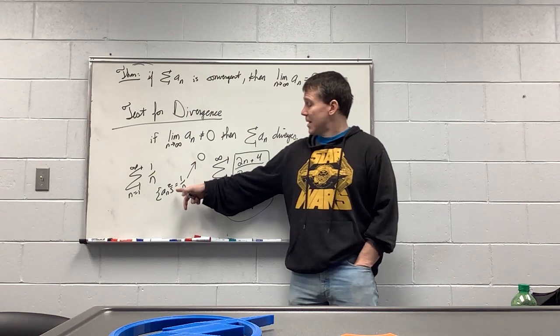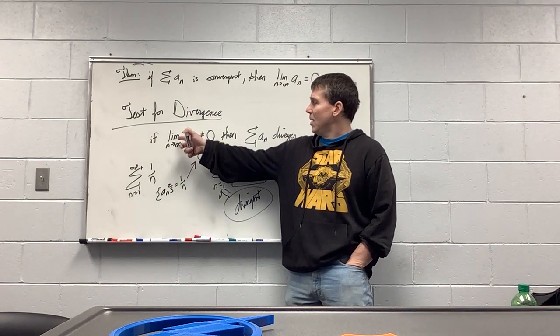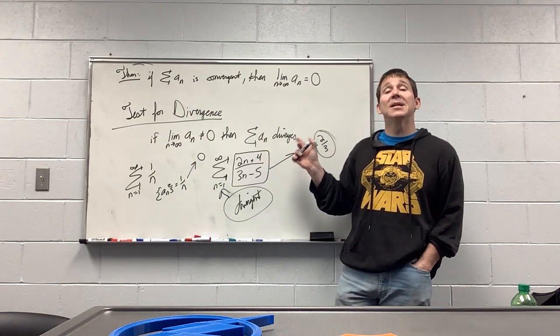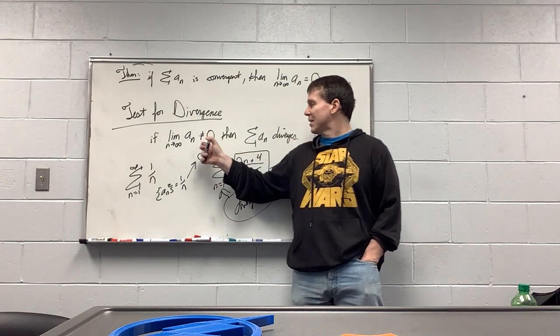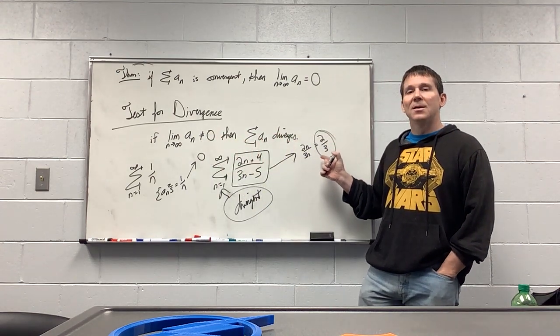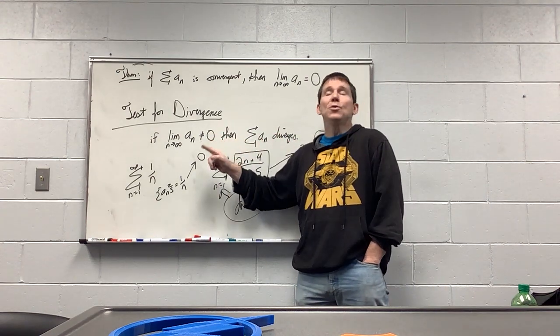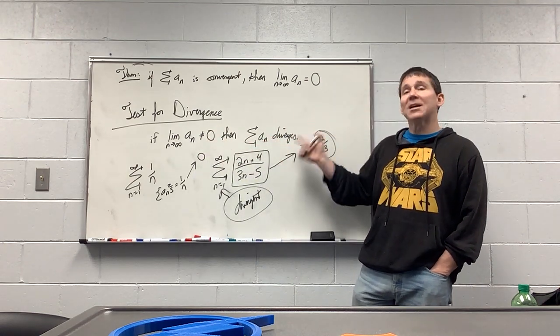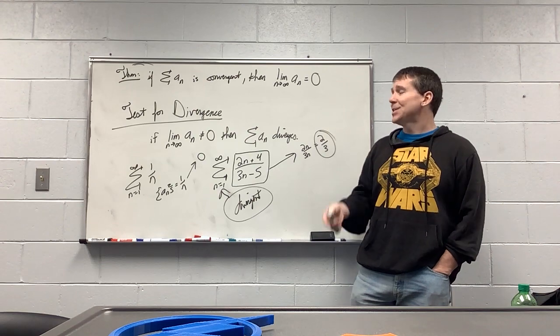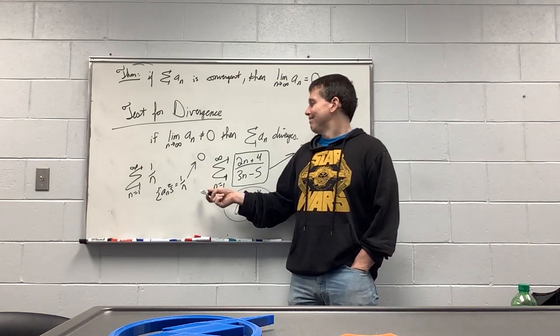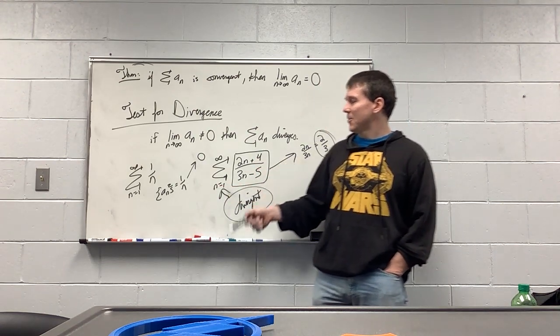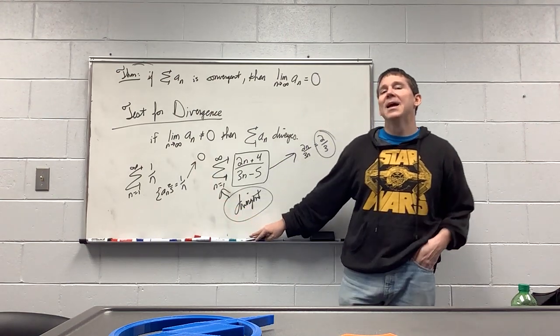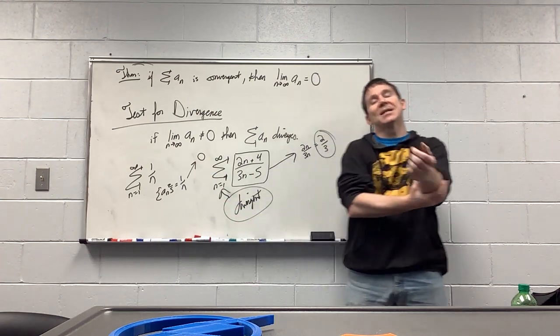Because here, the limit of the sequence is 0, so this test simply doesn't work. It only works if the limit is not 0. As soon as I get 0, I do not say the limit is 0, so it doesn't diverge, it converges. That just tells me this test works for this series, it fails for that series. And I have to come up with another test.